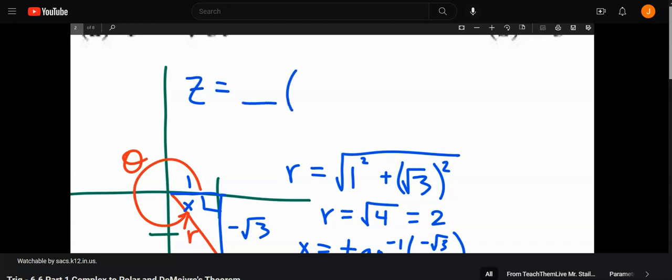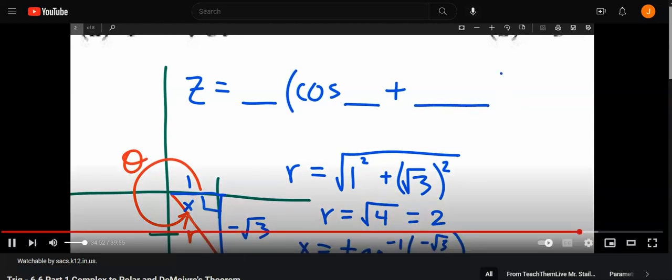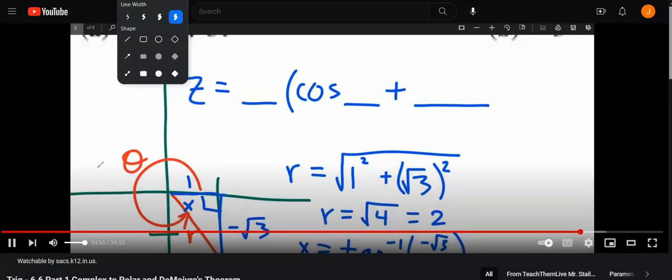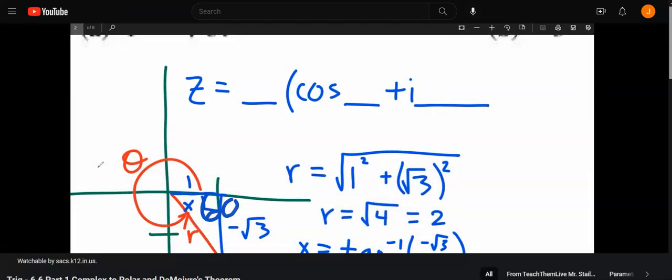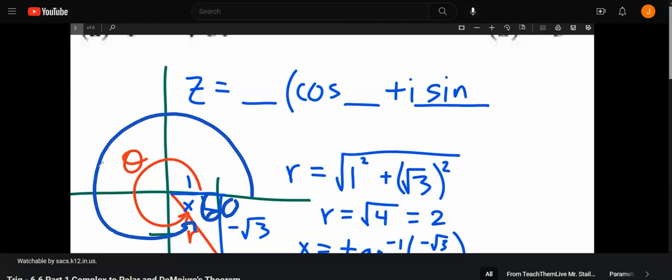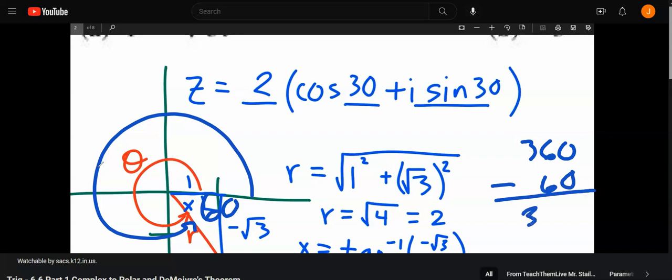Now, we do see we're down in quadrant 3. So if that angle down there is 60 degrees, and you're coming all the way around, that would be 360 take away 60, or 300.